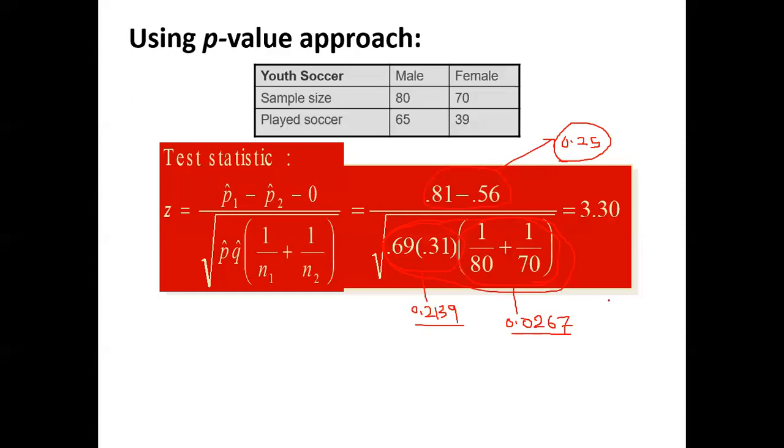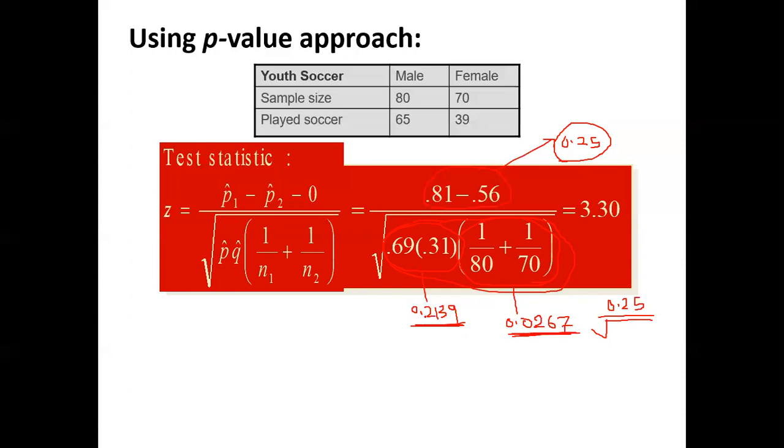All right, then the last step is 0.25 divided by the square root of the value that you times between 0.2139 and 0.0267.